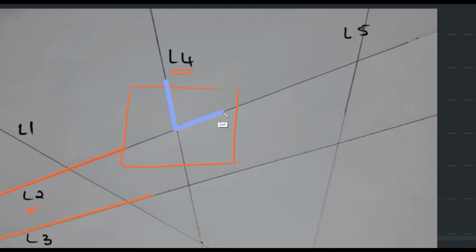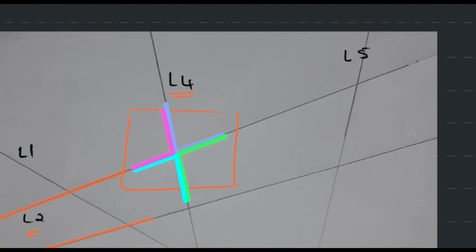So this is angle number 1. This is angle number 2. This is angle number 3. And this is angle number 4. So there are 4 angles.